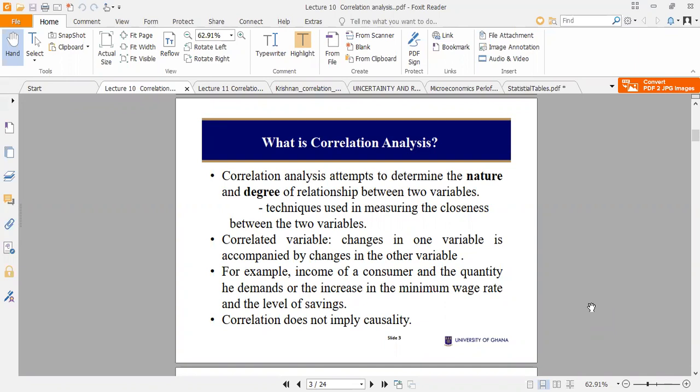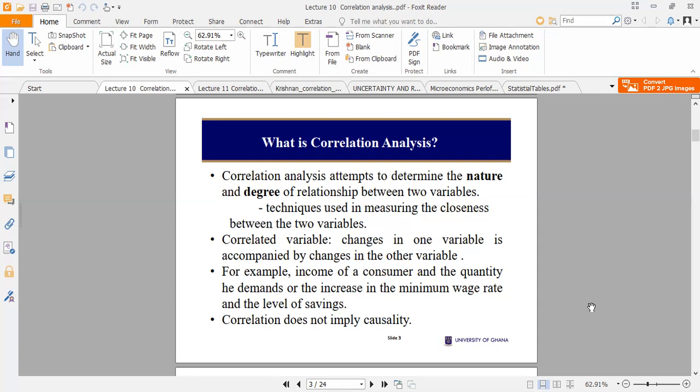But what we have to understand is that correlation doesn't mean cause and effect or causality. It's not like what we did under the regression where X causes Y. No, here we just want to know how the variables move.